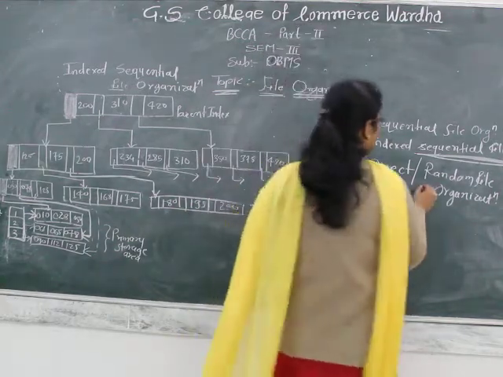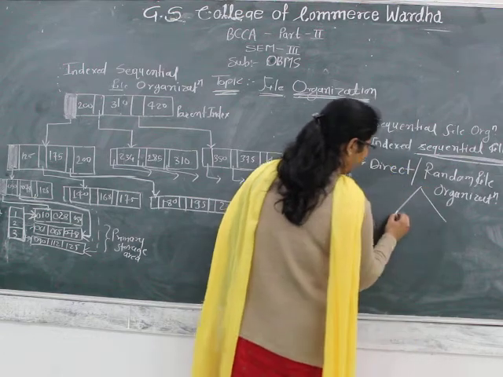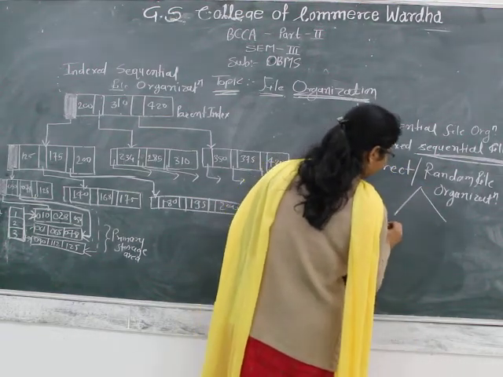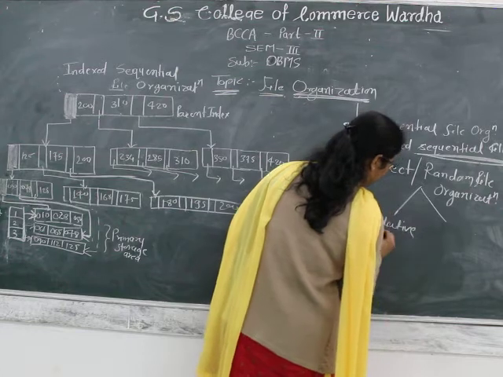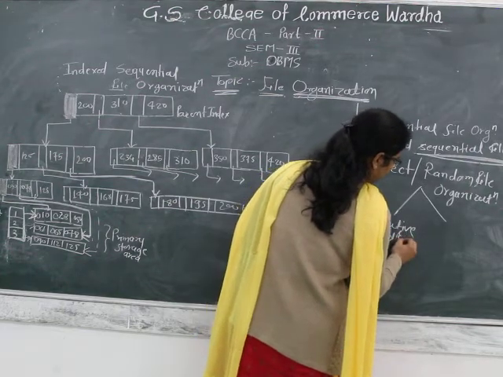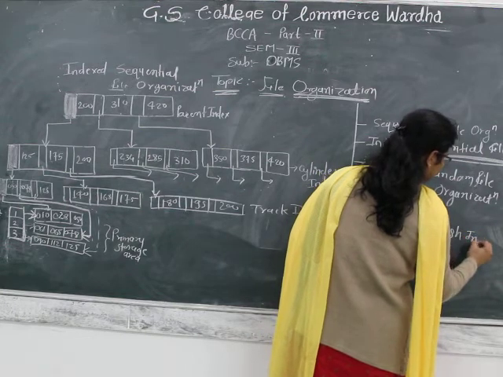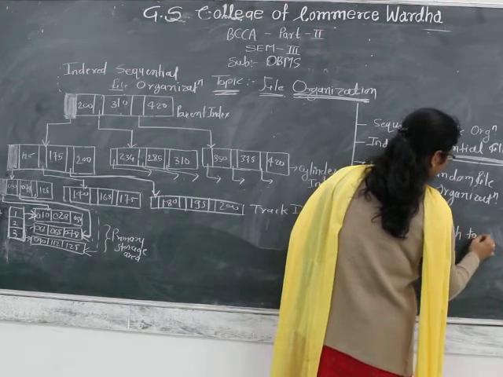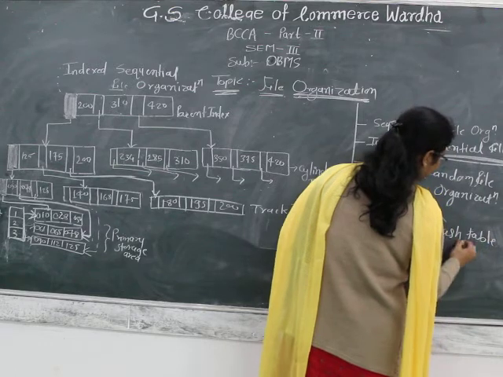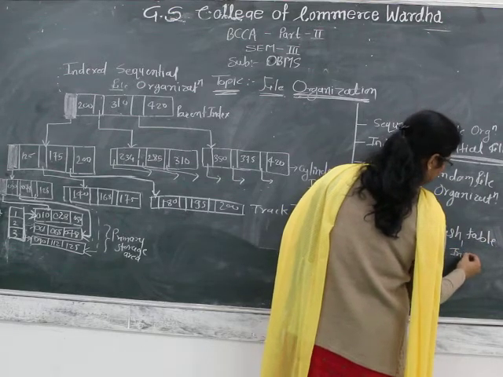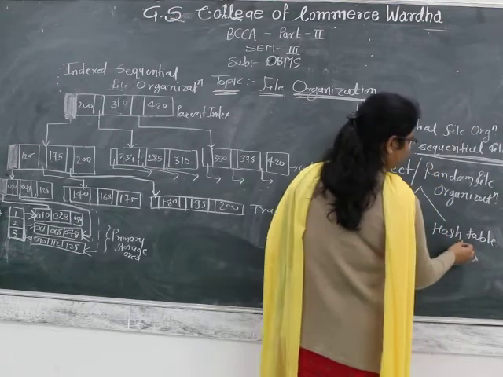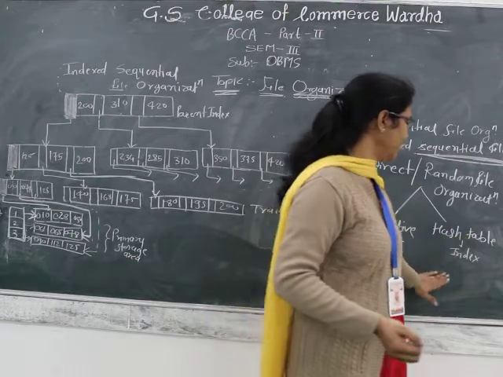In direct access or random file organization, we use the relative address or hash index, or we can say the hash table. The alternative name of hash index is hash index table.